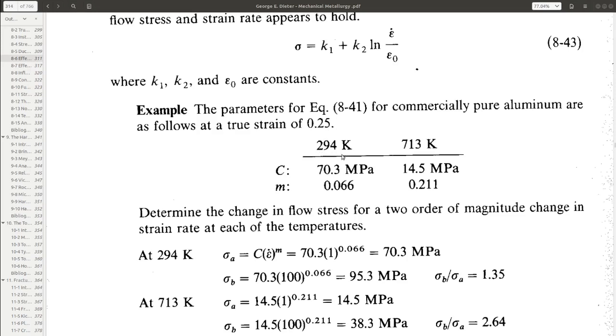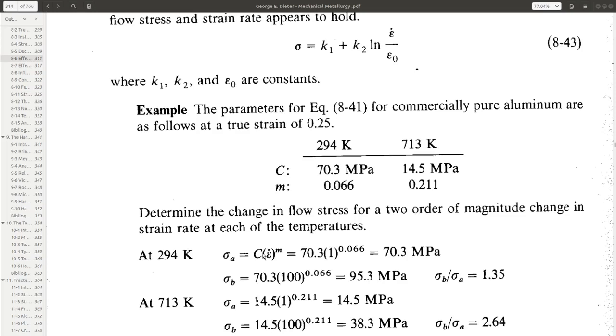At that temperature the C value is this and the m value is this, and for a different elevated temperature, these are the C and m values. What is being asked is, what is the influence of strain rate at these temperatures when I increase the strain rate by two orders of magnitude.